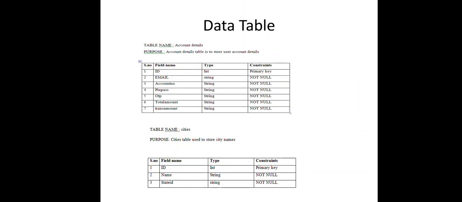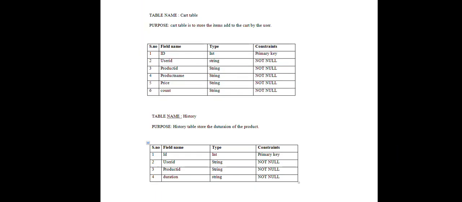Data tables used in this application are account details. The purpose of the account details table is to store the user account details. City: the city table is used to store the city names. Cart table: the purpose of the cart table is to add the items to the cart by the user.